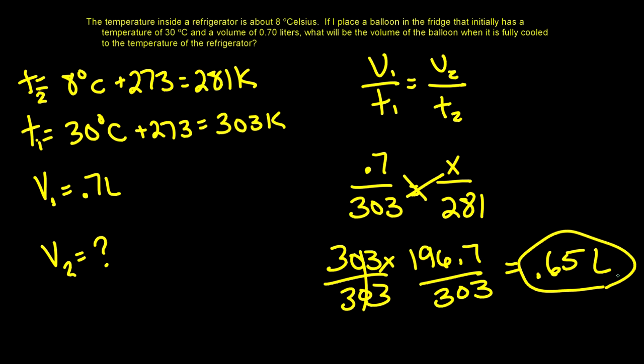Those units have to be consistent, so there's our answer. Sometimes a problem may ask you to identify which law this is. Since we use volume and temperature equals volume and temperature, this is going to be Charles' law. Sometimes it'll ask, sometimes it won't. This one in particular did not, but we just identified it for good practice.